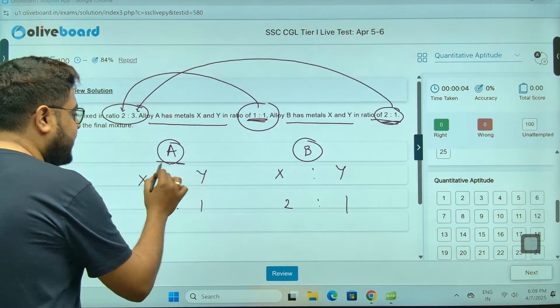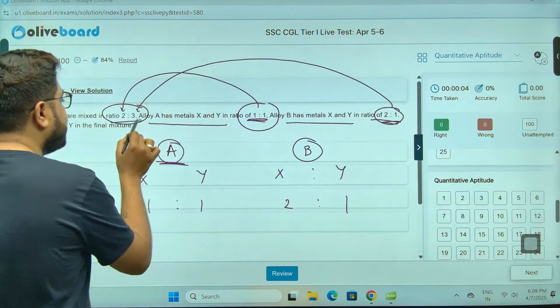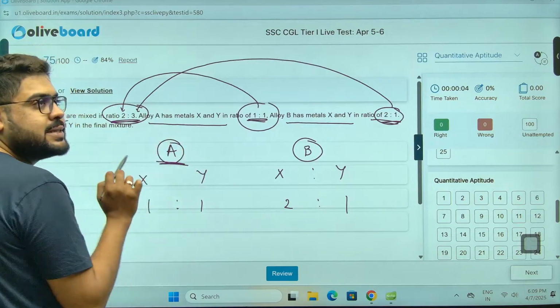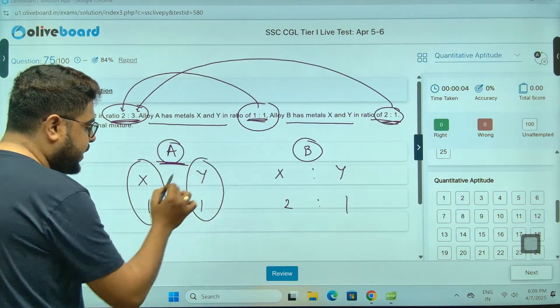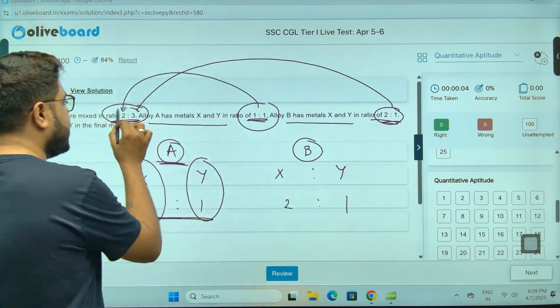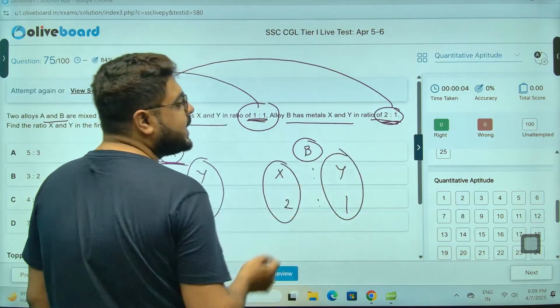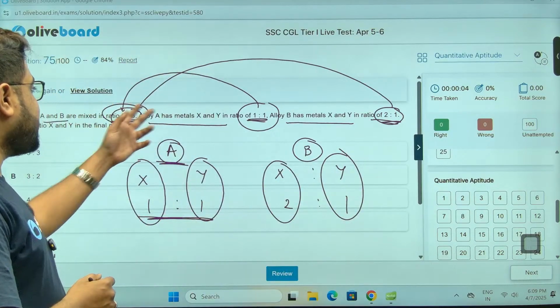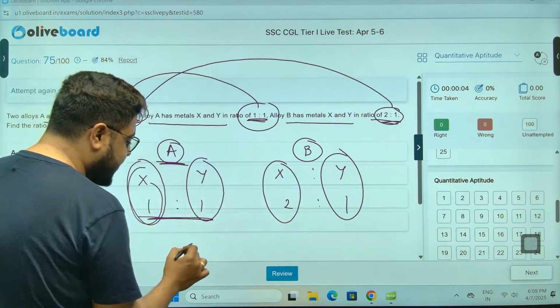Now, if I am taking 2 kgs of this, because they are mixed in 2:3, then I'll have 1 kg of X, 1 kg of Y, because total is 2, sir. And if I take 3 kgs of this, because 2:3, I'll have 2 kgs of X, 1 kg of Y. So the total is same, meaning I can directly say X will be 1 here, 2 here, 3.